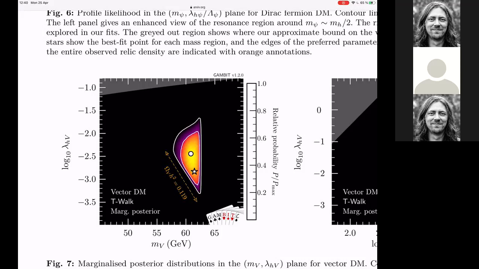So it's effectively where the majority of your prior mass lives, and only a small fraction of that would live in that thin region.